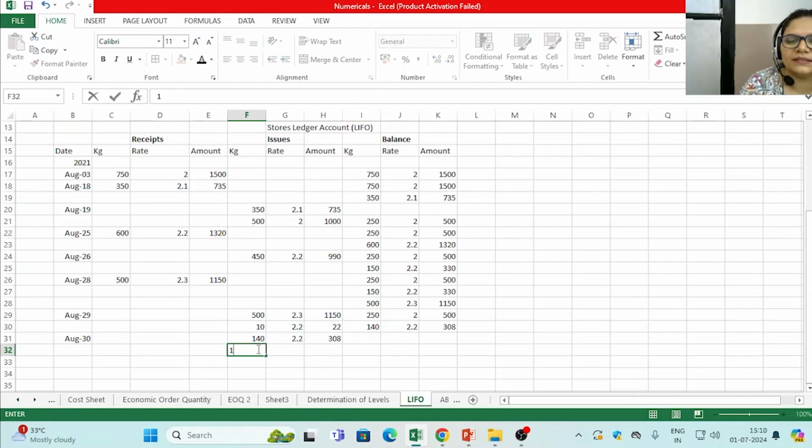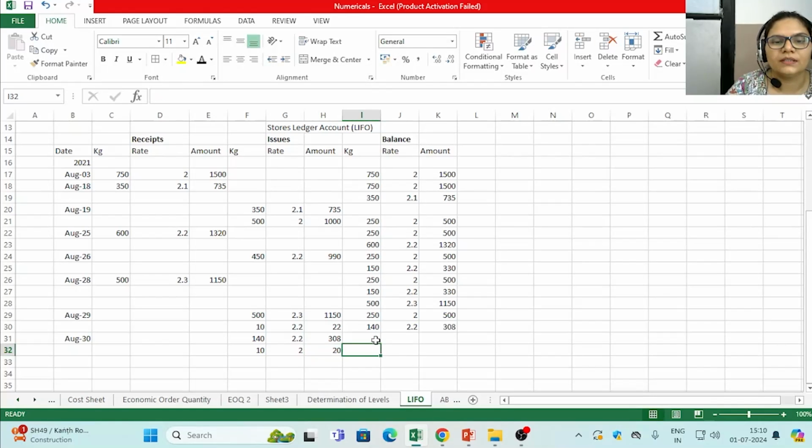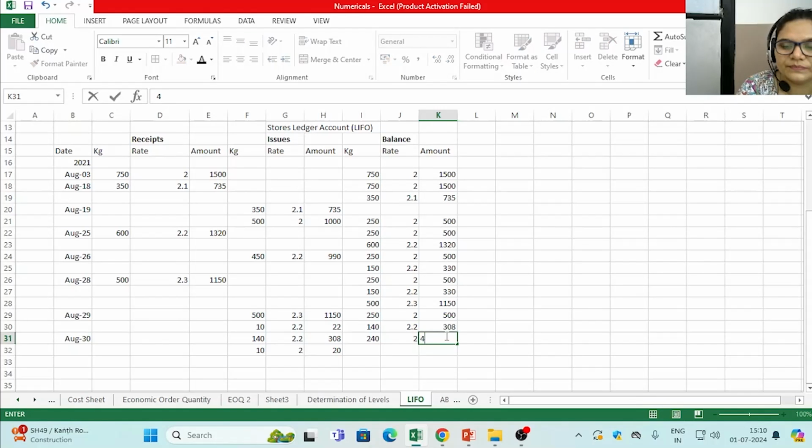That is 10 into 2 makes up to rupees 20. Now after 250 we have issued 10. Remaining balance on August 30 is 240 multiplied by the rate of rupees 2 per unit, which makes up to 480.